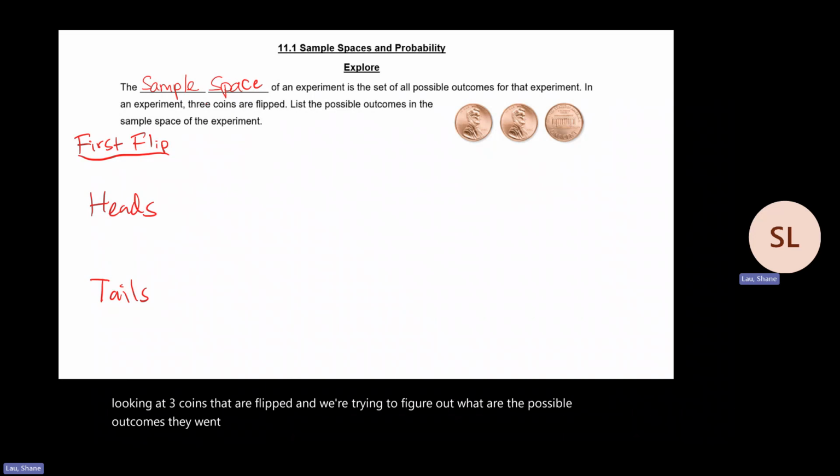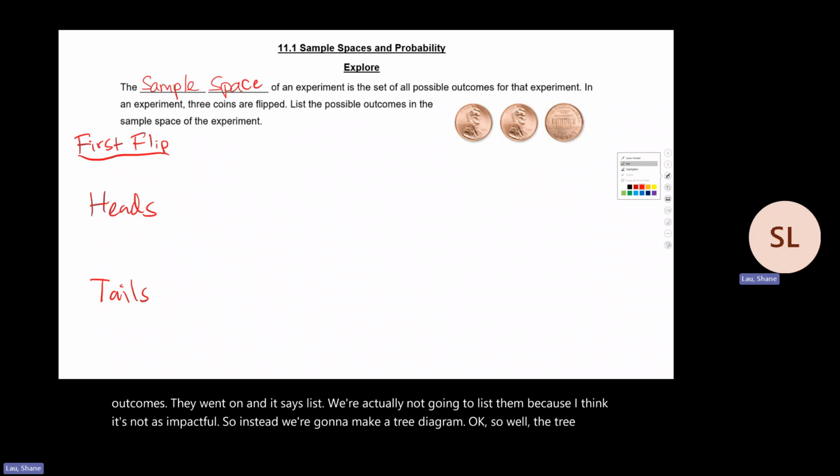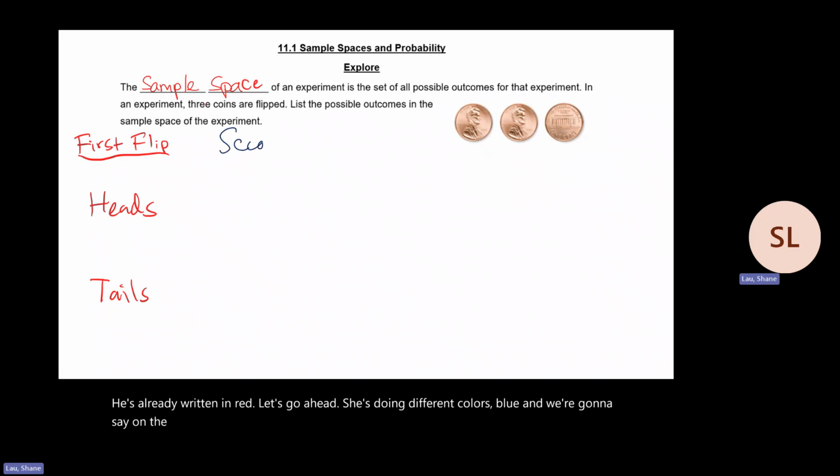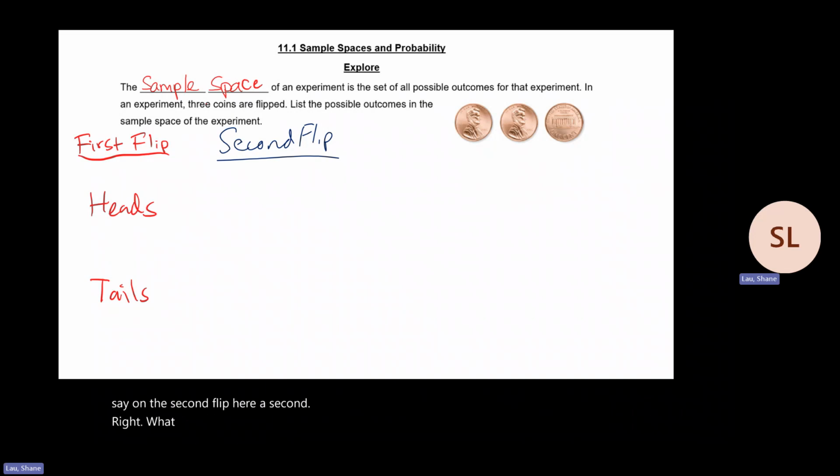It says list. We're actually not going to list them because I think it's not as impactful. So instead, we're going to make a tree diagram. What the tree diagram looks like for us is I've already written it in red. Let's change to a different color, say blue. On the second flip, if we flip heads or tails on the first flip, then we keep going and flip again.